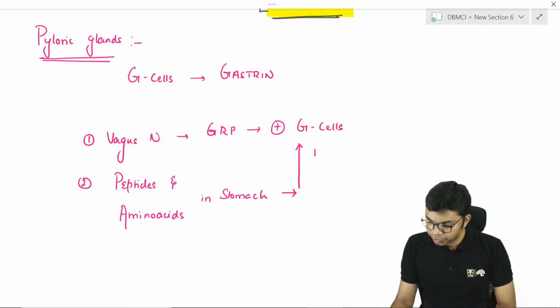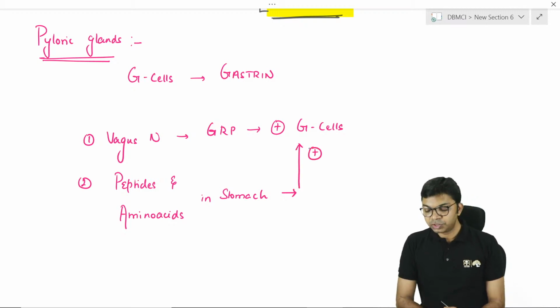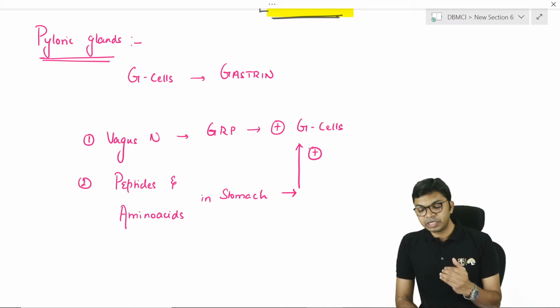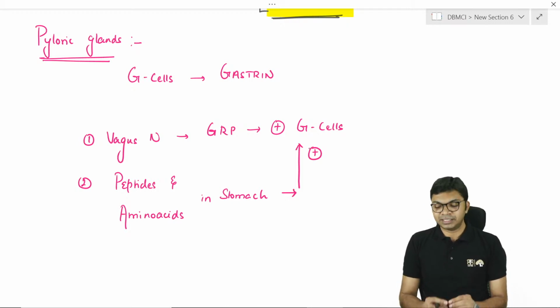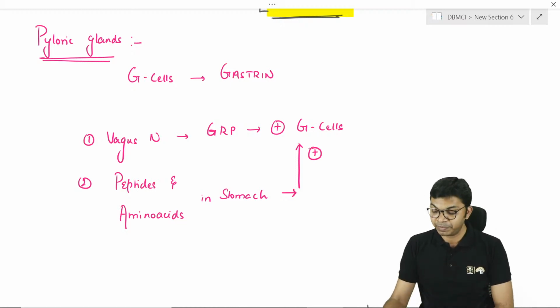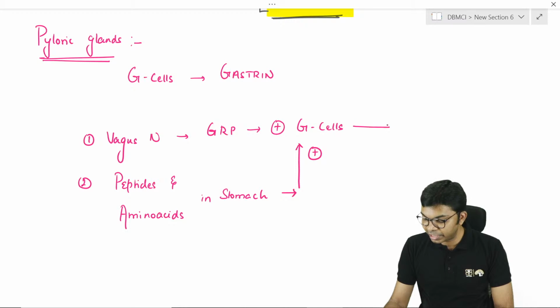These two are the triggering factors for G cells, doctors. Remember, one is the vagus nerve, with the neurotransmitter gastrin releasing peptide. The second one is peptides and amino acids in the bolus, the food that we eat. As a consequence of G cell activation, there is going to be production of the hormone gastrin.